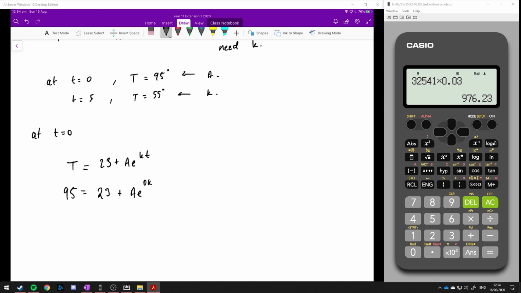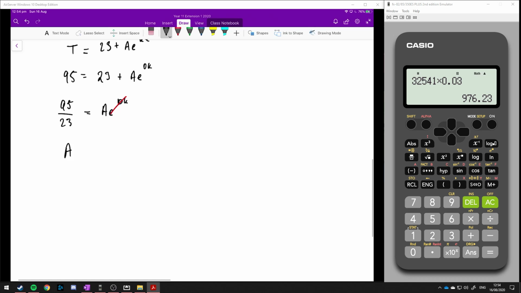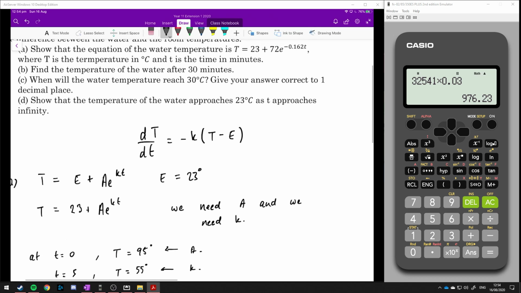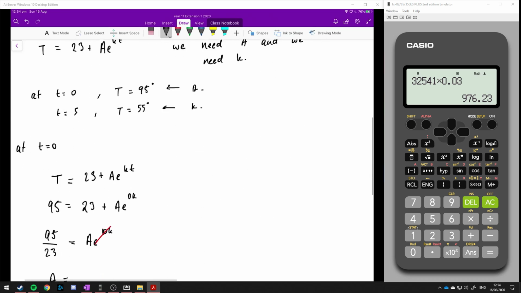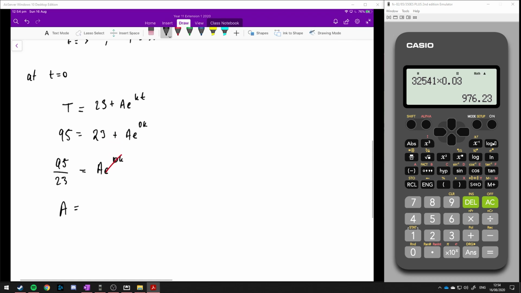Now the e to the 0k is just going to be 1, and that's going to leave us with A. So A in this case should be equal to 72. Why is that? Because it's not divide, it's a minus. So it's 95 minus 23, so A should be equal to 72 degrees.